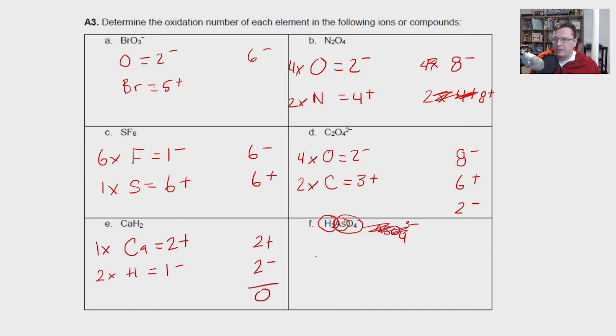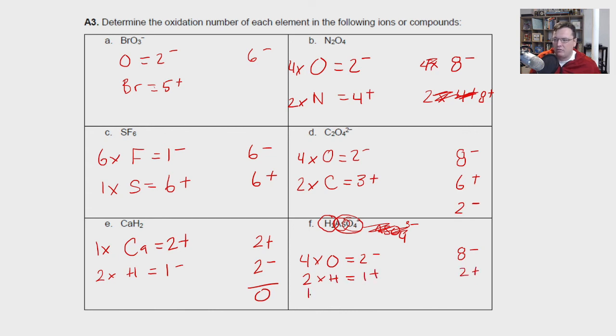Going through that, we have our old friend oxygen, so we can just do our math. It's 4 times the oxygens, and each oxygen is equal to 2-, so that gives us 8- here. We know then for the hydrogens, those are going to be positively charged. So we have 2 hydrogens for that. Those are going to be 1+, so that gives us 2+ for that.